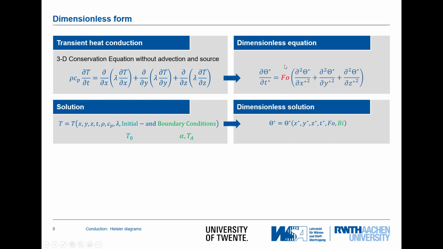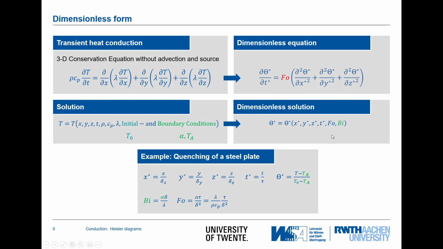But not only the differential equation can be brought into dimensionless form, but also the solution. So the temperature T is not T anymore, but the temperature theta, which depends on the initial temperature difference. So it has something of the initial condition inside, and the boundary condition will translate to a Biot number, which sets into relation the resistance inside the body and the resistance on the outer side.